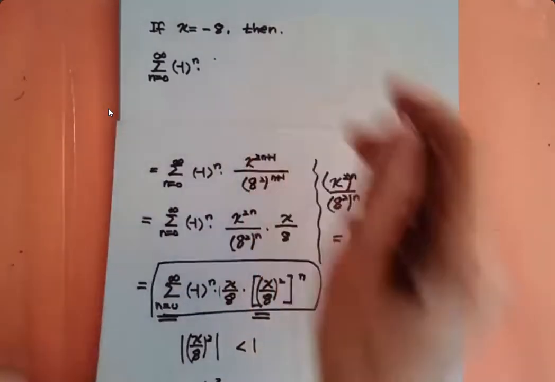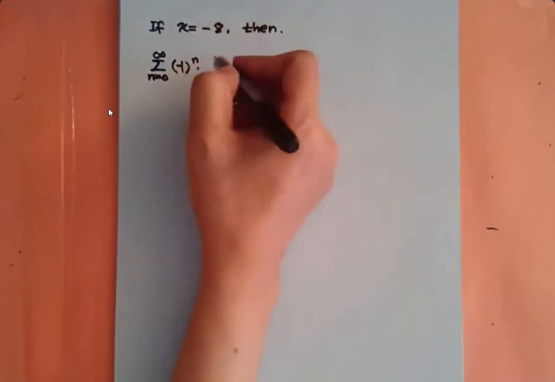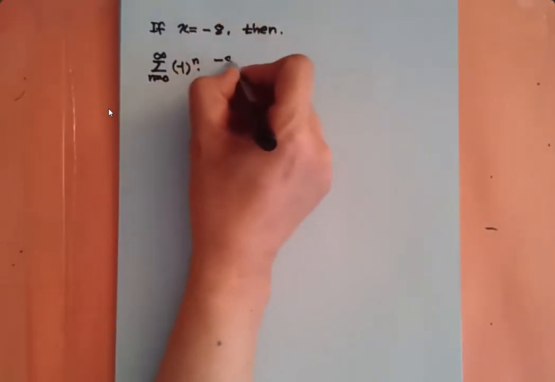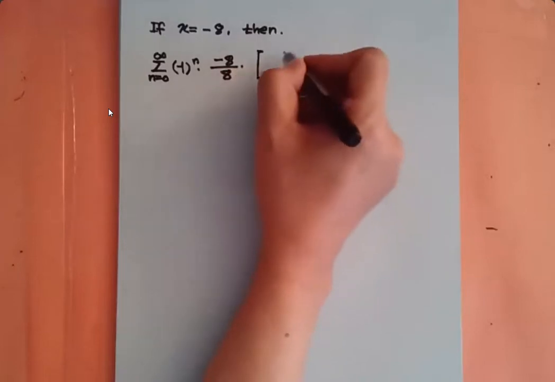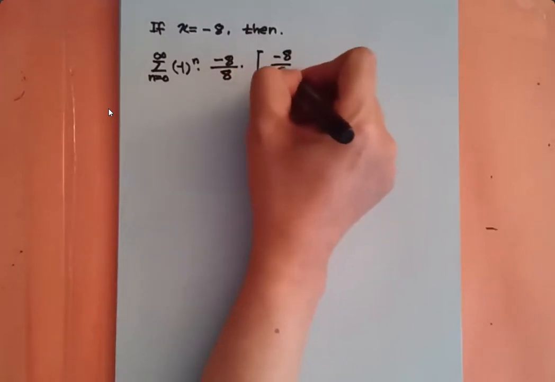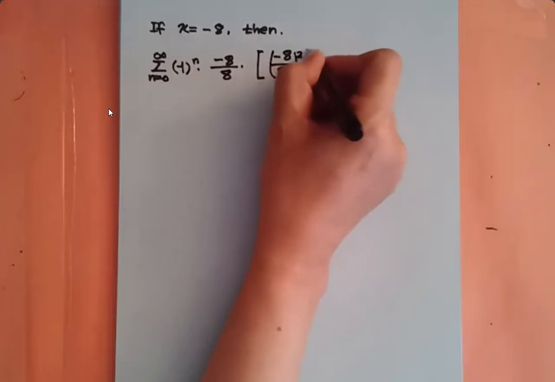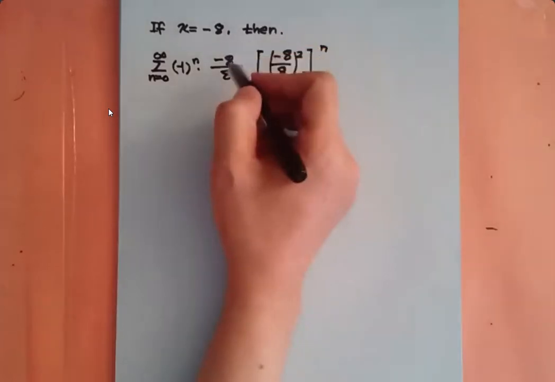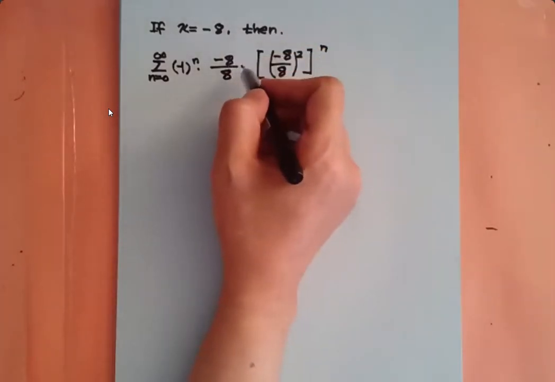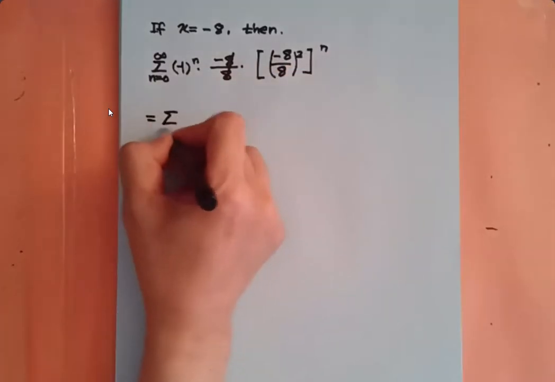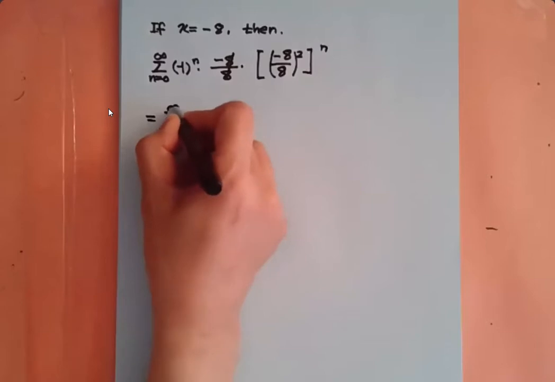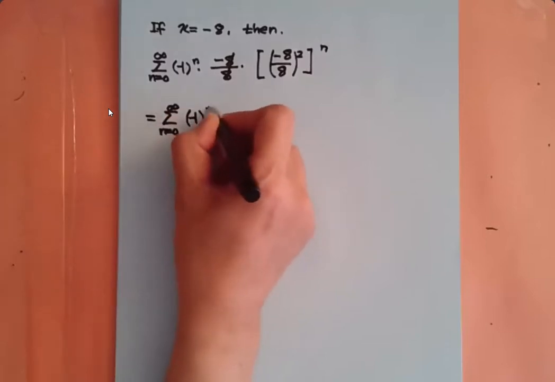So that is negative 8 over 8 times negative 8 over 8 squared to the n power. And so this will cancel each other. So summation n equals 0 to infinity, negative 1 to the n power.